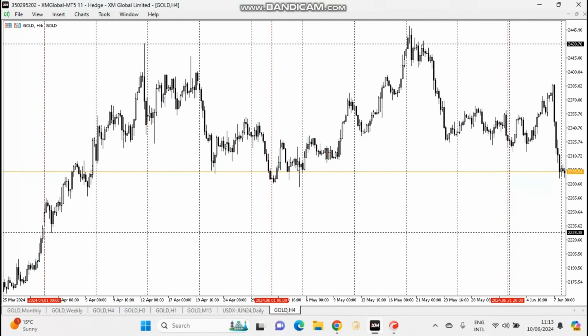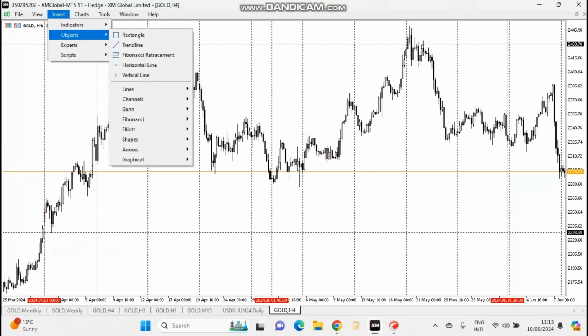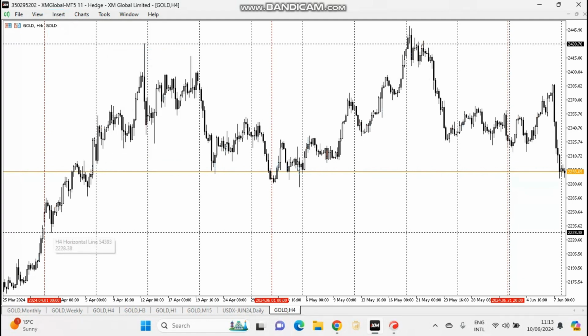Since we have already established that we have a high and a low, we're going to be pulling the Fibonacci from the low to the high, that is from 228.38 to 2430.70.